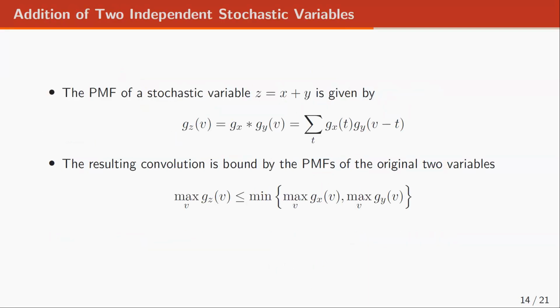Then just a quick reminder, when we sum discrete stochastic variables, we can express the result as a new probability mass function that is given by the convolution of the two probability mass functions. And this has an upper bound: the resulting probability mass function is bounded by the maximum.